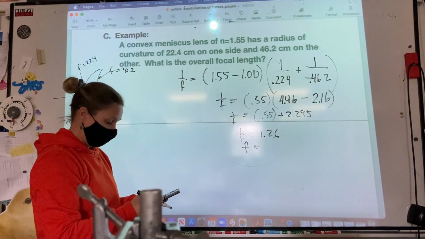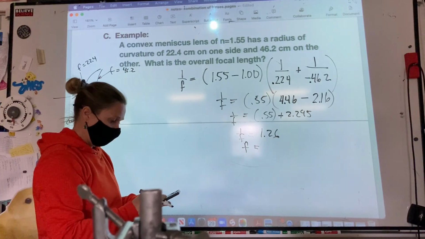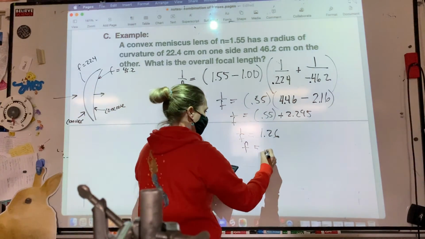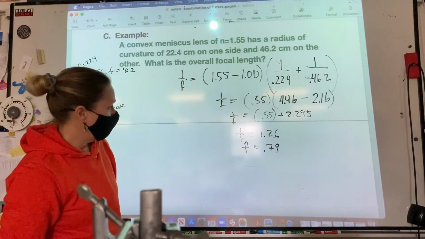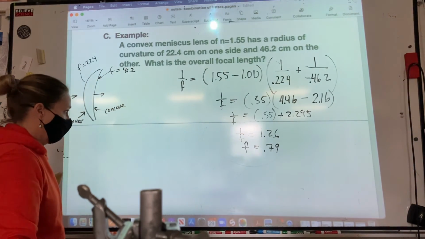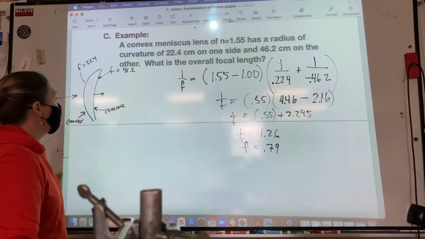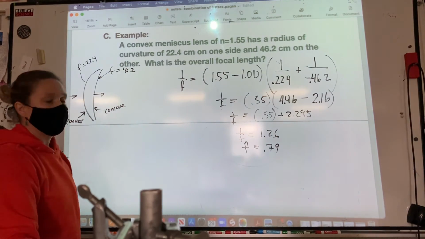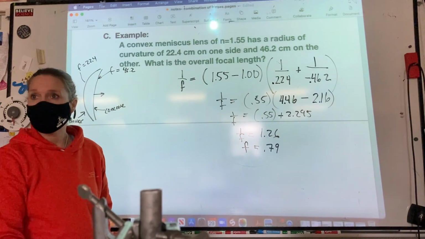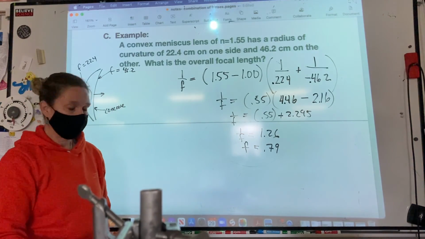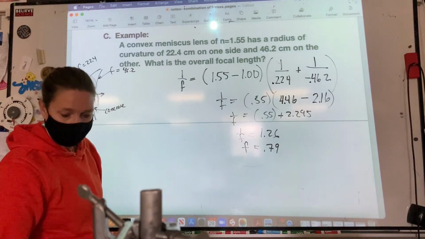No. Okay. 0.79. Yeah. So the overall focal length, did I do something wrong? Okay. So I'm confused.